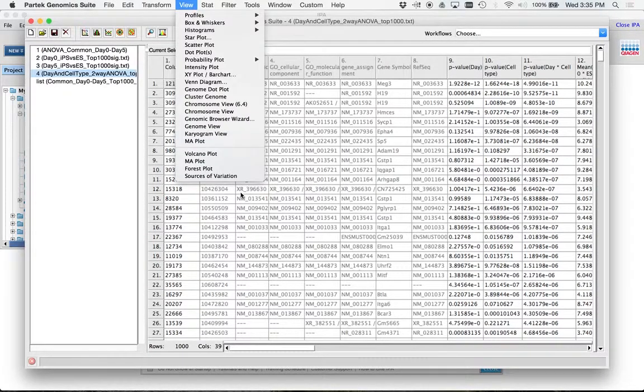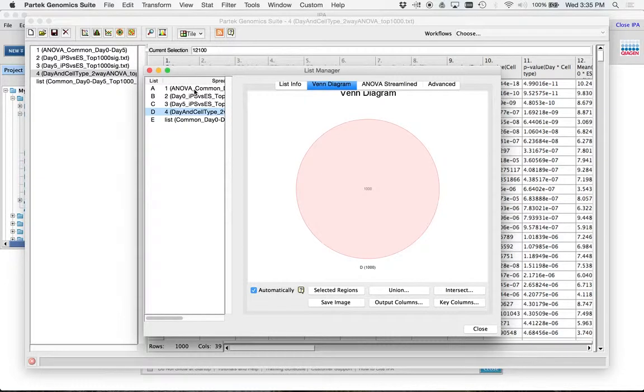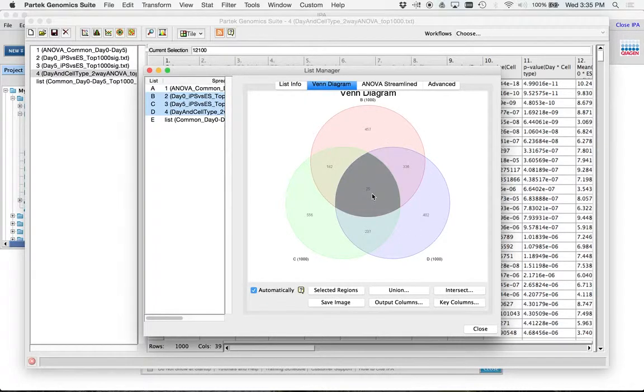Let me put that up real quick. There it is, Venn diagram. So we selected our day and cell type, also those that were different at 0 and day 5. So from these gene lists, what we were able to do is make subsets of gene lists. The one I'm going to talk about today is this group, these 25 genes that were common to all these conditions.